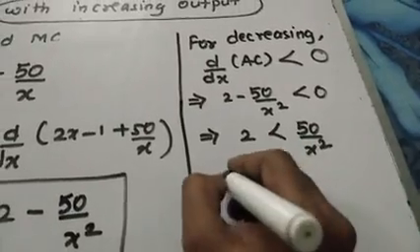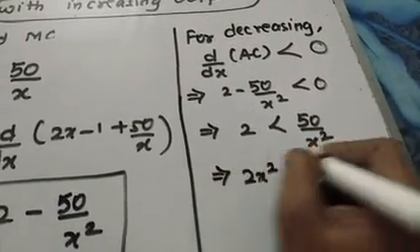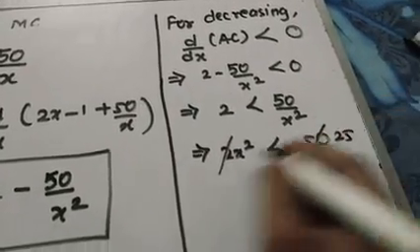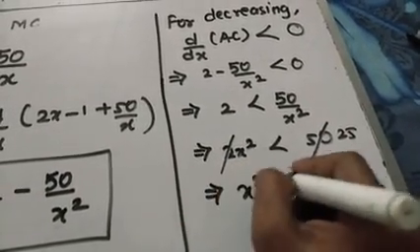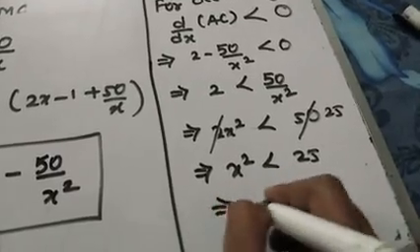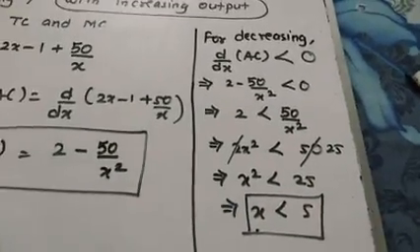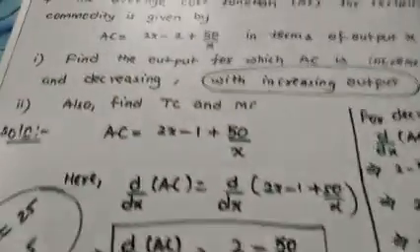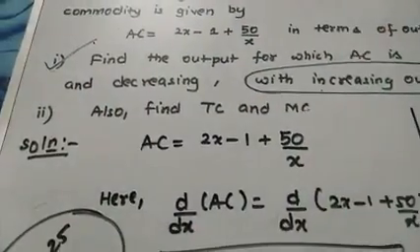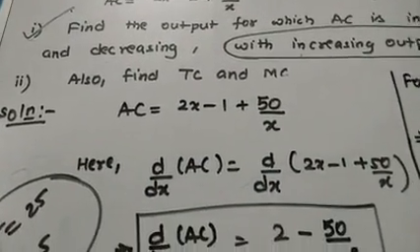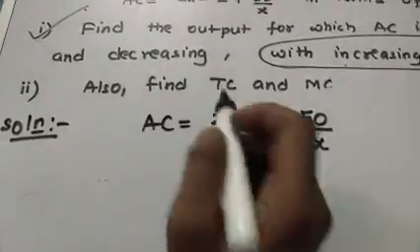Now 2x square is less than 50, cancelling it becomes 25, so x square is less than 25, that is x is less than 5. So that is for decreasing. The first part is finished. Now the second part asks for total cost and marginal cost. So the total cost.